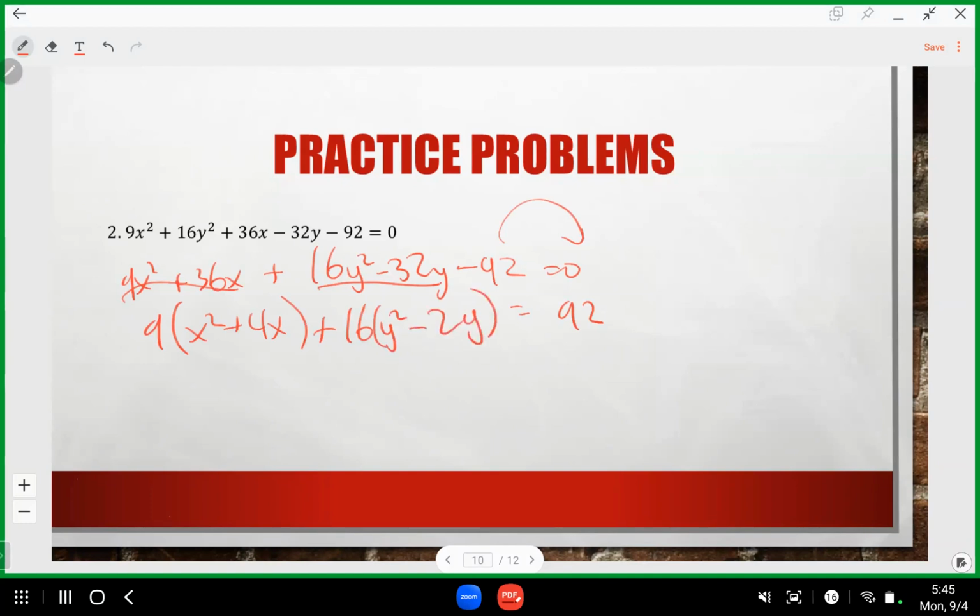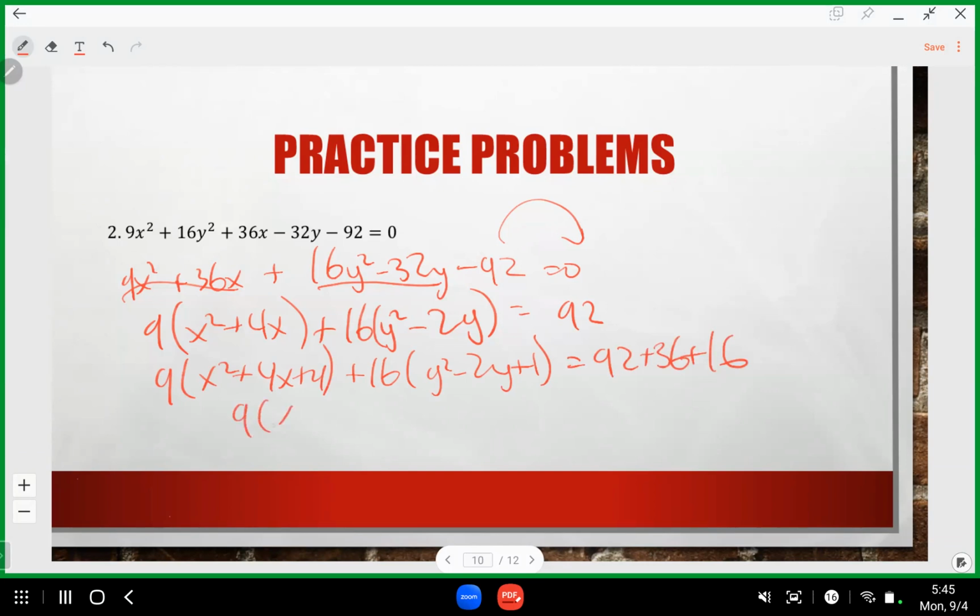Okay, so then you complete the square. 9 times x squared plus 4x plus 4, plus 16 times y squared minus 2y plus 1, is equal to 92 plus 36 plus 16. You have 9 times (x plus 2) squared plus 16 times (y minus 1) squared is equal to, what is that equal to?